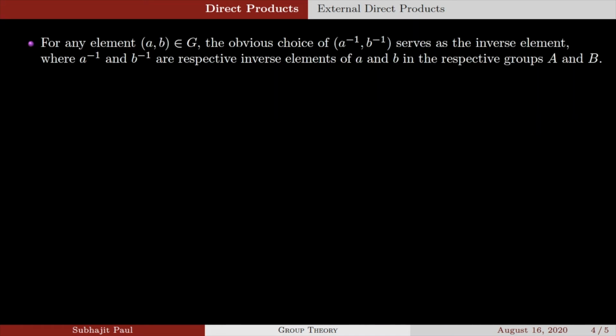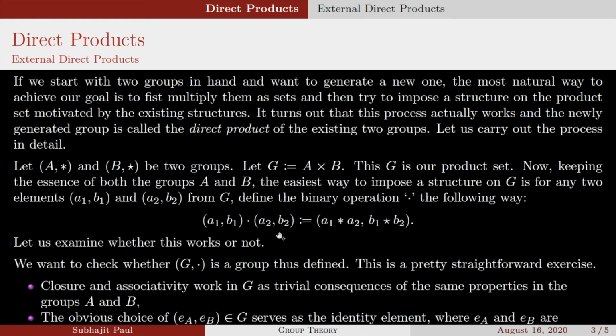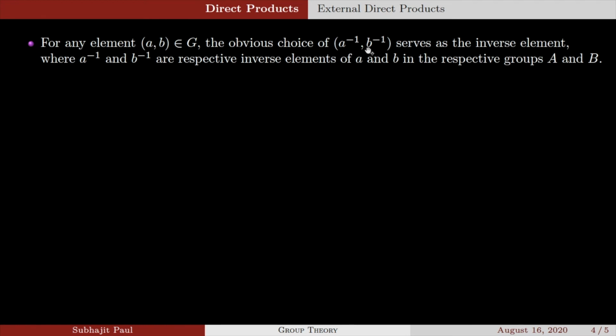Now the obvious choice for the inverse of an element is (A inverse, B inverse). For any element (A, B) in G, the obvious choice (A inverse, B inverse) serves as the inverse element, where A inverse and B inverse are the respective inverse elements of A and B in the respective groups A and B. A inverse is the inverse of the element A in the group capital A, generated by the asterisk operation, and B inverse is the inverse of the element B in the group capital B, generated by the star operation.